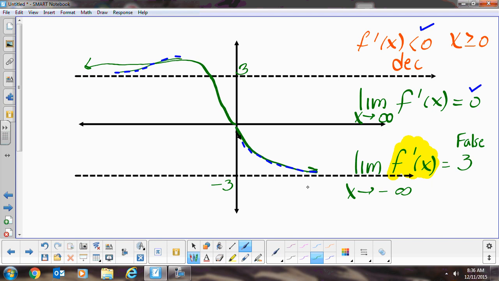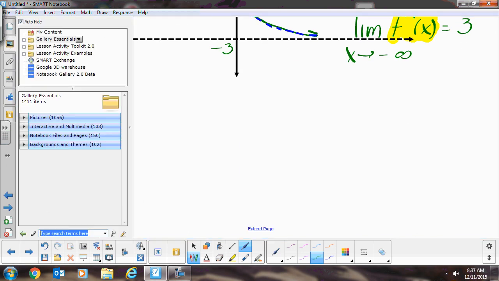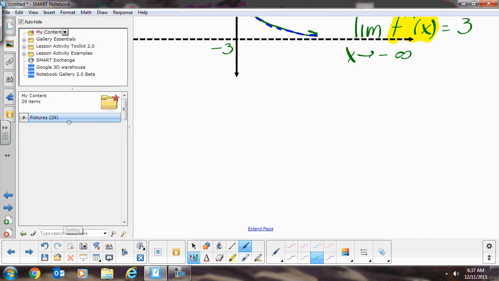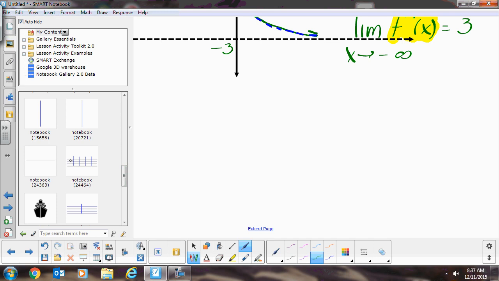For what values of x in the interval -4 to 4 is there going to be a relative maximum? How do you do this? I think this should have been relatively easy for you all. Am I right or am I wrong? You're looking at a derivative graph.